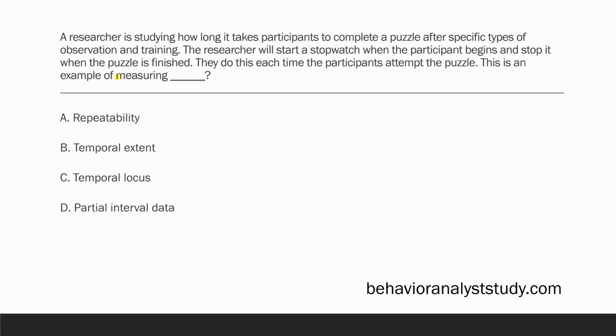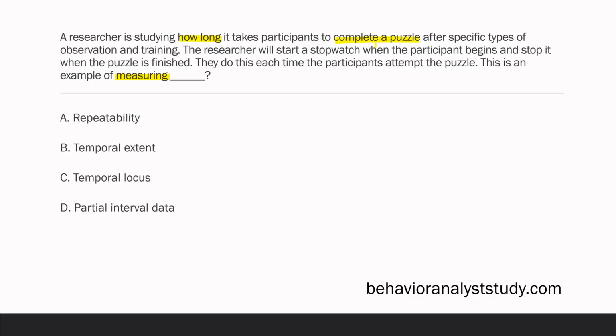So we have a measurement question, and it's a fairly straightforward one. When we're looking at measurement, we want to consider a couple things. Are we continuously measuring or discontinuously measuring? And then are we measuring, let's say, a count or a length of time? In this case, the researcher is measuring a length of time, how long to complete a puzzle.